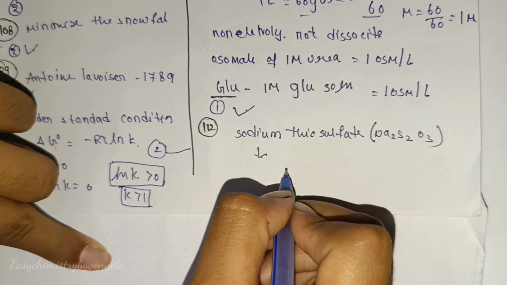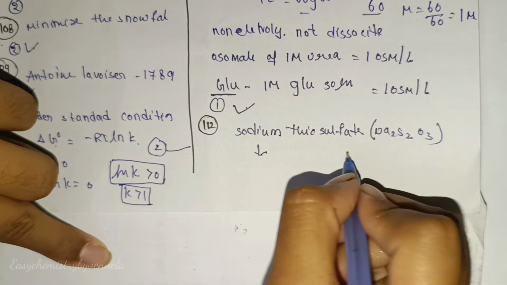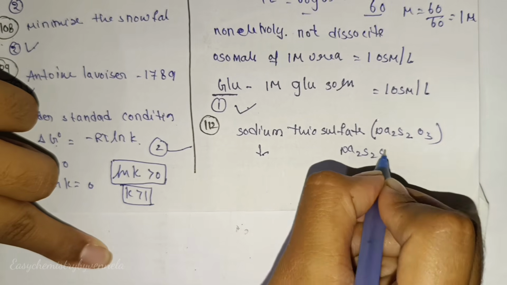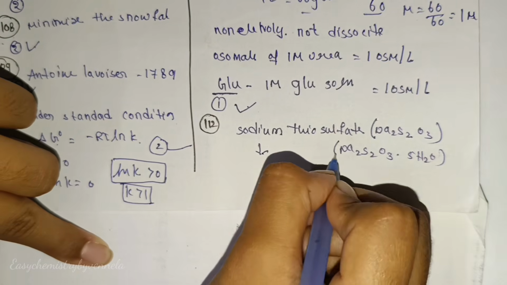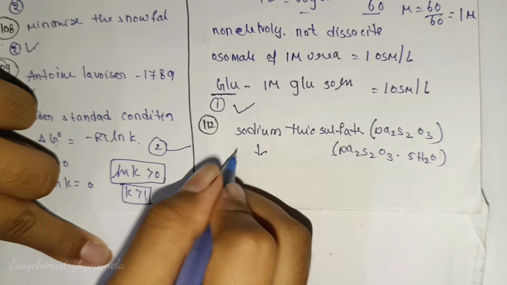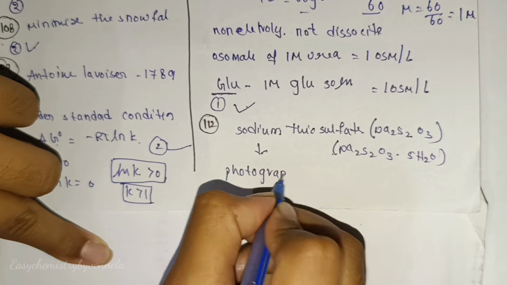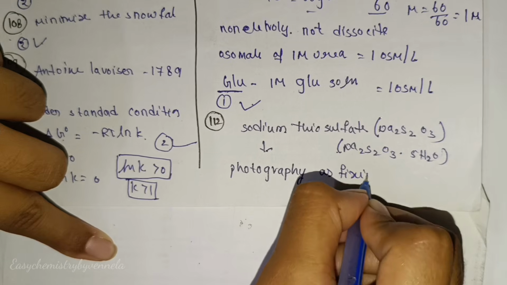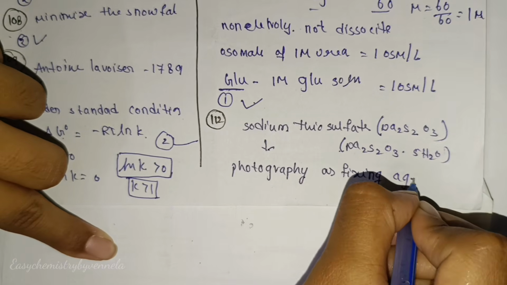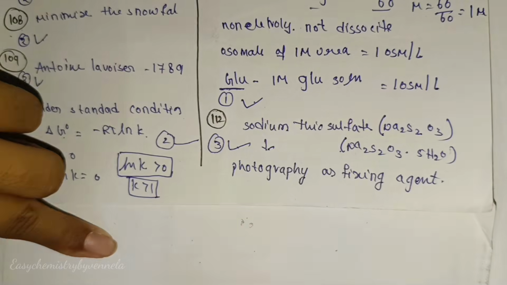This is also known as sodium thiosulfate pentahydrate, that is Na2S2O3.5H2O. It is historically used in photography as a fixing agent. So in this, the third one is the correct one.